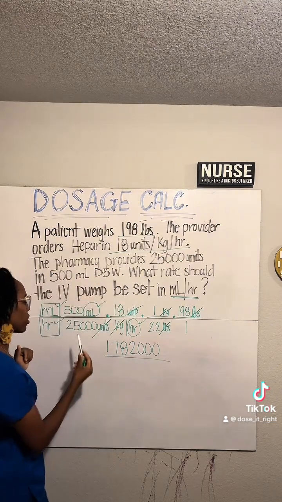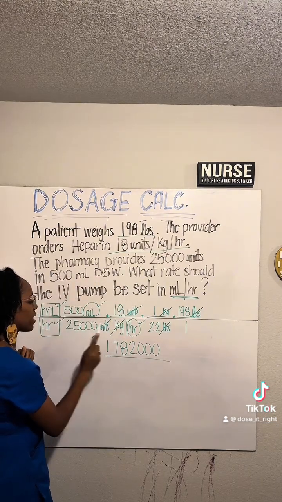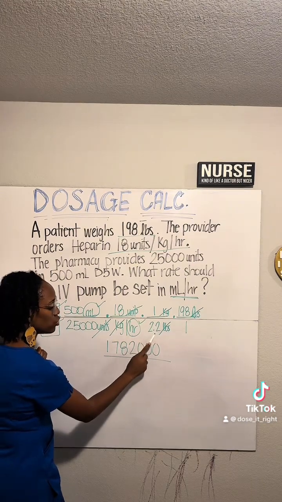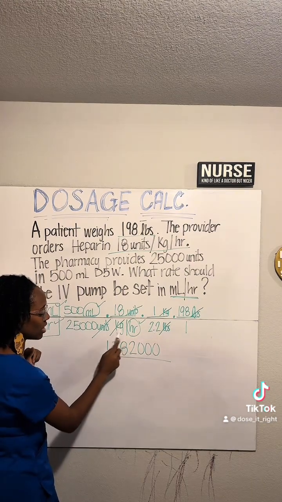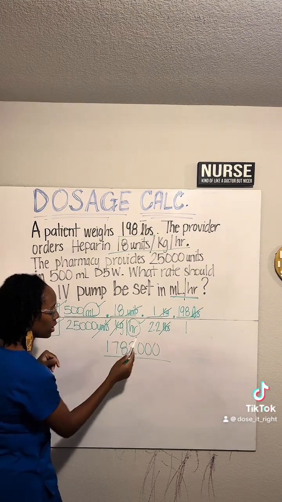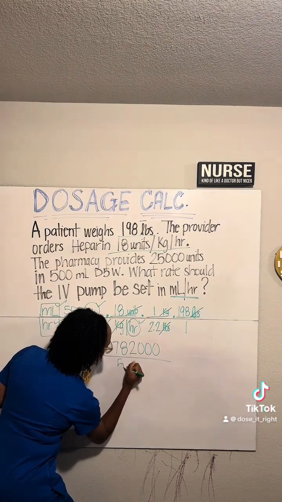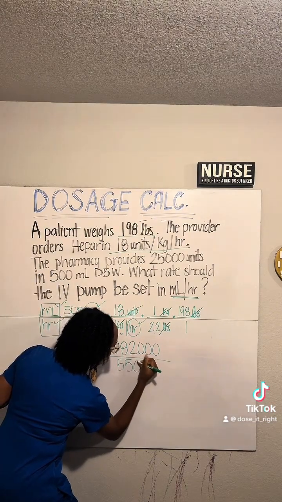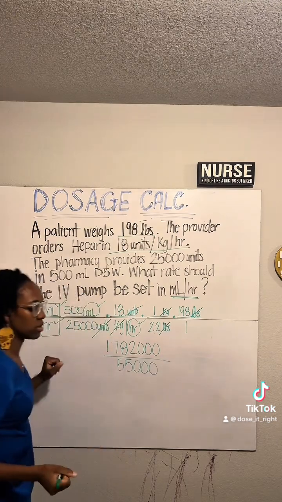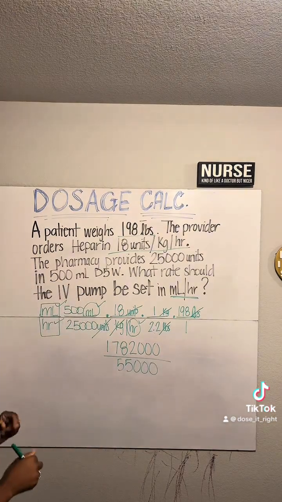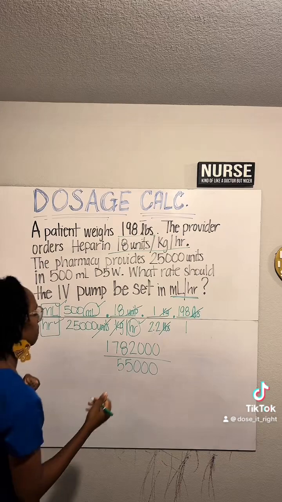And now at the bottom, we're going to multiply 25,000 times 2.2, all right? Notice that there's nothing here. It would just be a 1, but 2.2, all right? And that is going to equal 55,000.